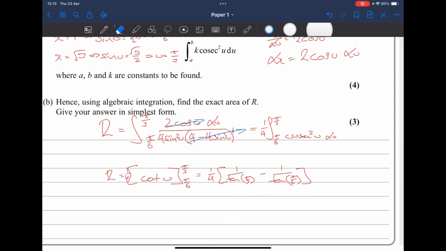Go back to that bit. Cot of pi on 3. So 1 over tan of pi on 3, which is 60 degrees, gives us root 3 on 3. If I do the same thing for 30 degrees, I get root 3. And then I have a quarter of that.